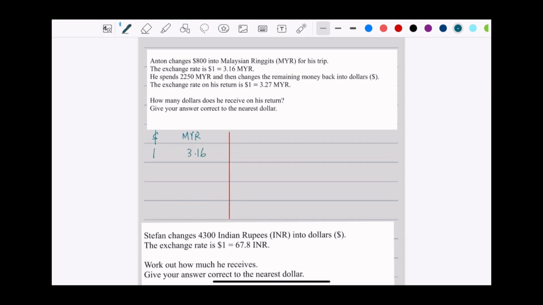He spends 2250 Malaysian ringgits and then exchanges the remaining money back, which means he's exchanging it again. So first step, let's take out how much ringgits he has once he converts his $800. So $800 when converted gives x Malaysian ringgits, and when we cross multiply, x is equal to 800 times 3.16.